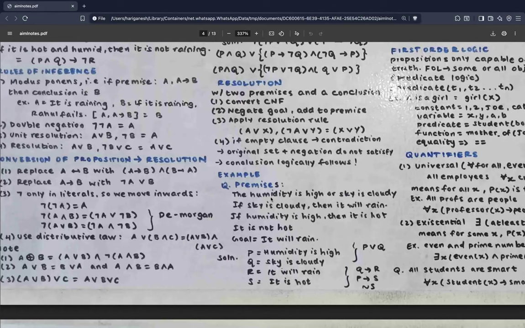The humidity is high or the sky is cloudy. Let's say P is humidity is high, Q is sky is cloudy, R is it will rain, S is it is hot. So based on these four premises, we make up variables that make it easy for us to assign.